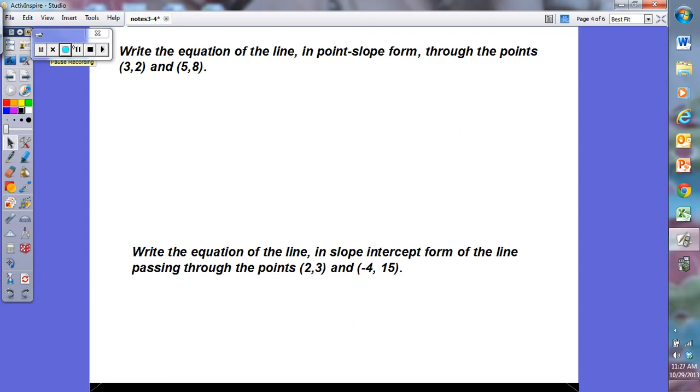So write the equation of the line in point-slope form through those points. Let's just recall, point-slope form is y minus y1 equals m times x minus x1. Now, this can be x1, y1, this can be x2, y2, and it doesn't matter which of these points you use, but we have to find m first.